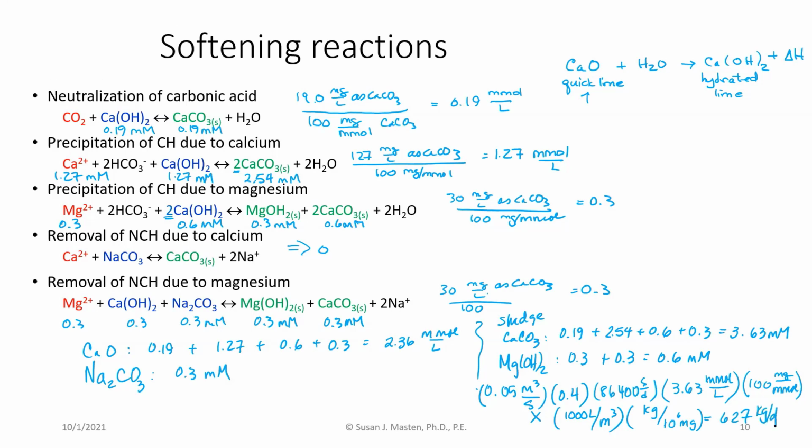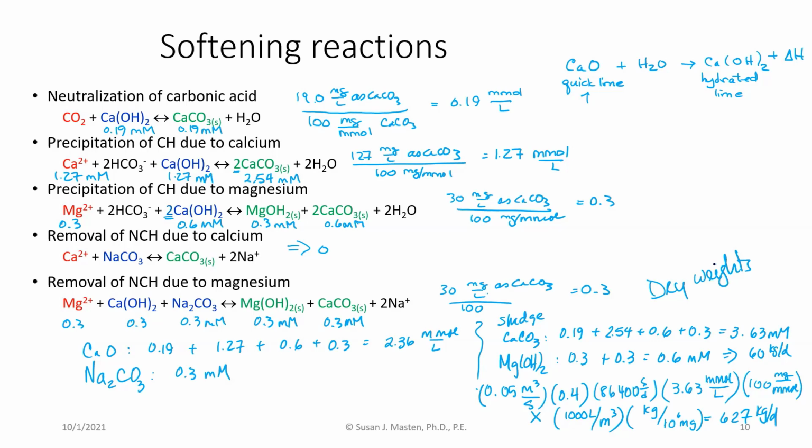We're a minute over, so I'm not going to go through the calculation, but for magnesium hydroxide, we would use the molar mass of magnesium hydroxide, and this would be 60 kilograms per day. Remember, these are dry weights.